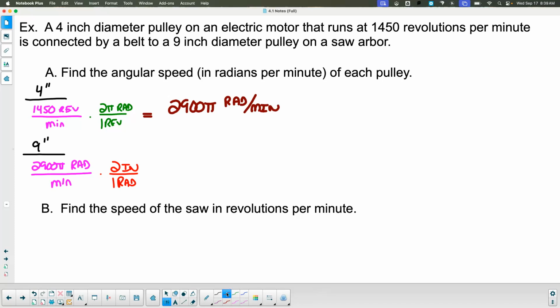So I'm going to multiply by 4.5 inches on the bottom is 1 radian of the larger one. 2,900 times 2 divided by 4.5 gives me 11,600 divided by 9.